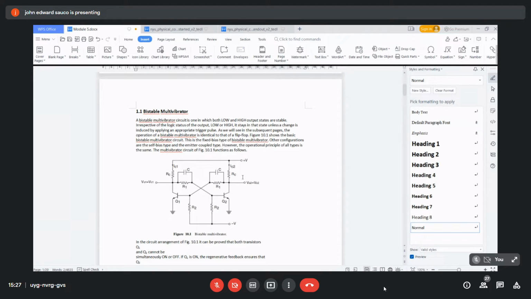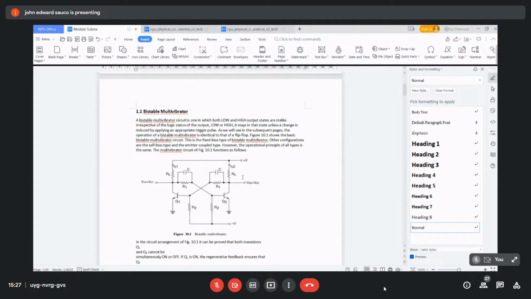So, kaya siya tinawag na stable kasi hindi mag-change yung kanyang status sa low or high kung hindi tayo mag-i-induce ng appropriate trigger pulse. Okay? So, kailangan mo muna ng pulse para ilipat niya yung low sa high or vice versa.